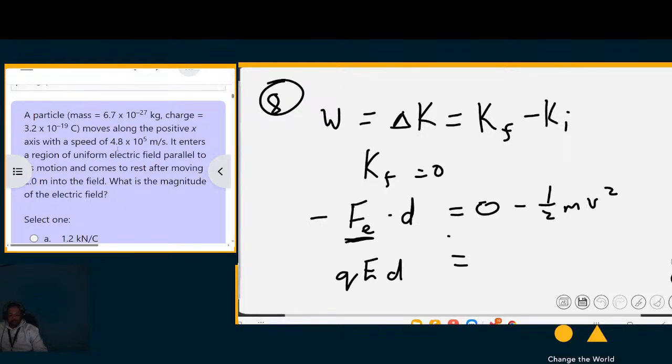Electric force is QE. And that negative that was there is still there, and this is a half m v squared. And this is the initial velocity because the final kinetic energy is 0. So if we want the electric field, it is therefore equal to a half m v initial squared over the charge times the distance.